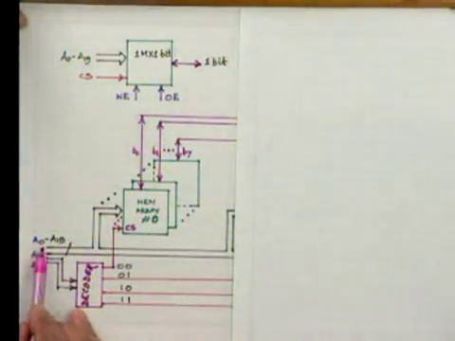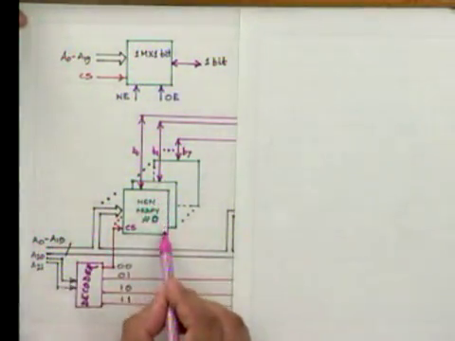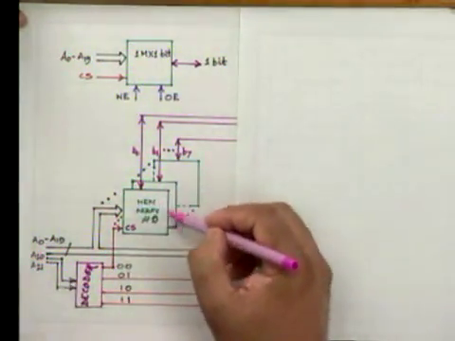The other address lines from A0 to A19 are also fed in parallel to each of these chips.